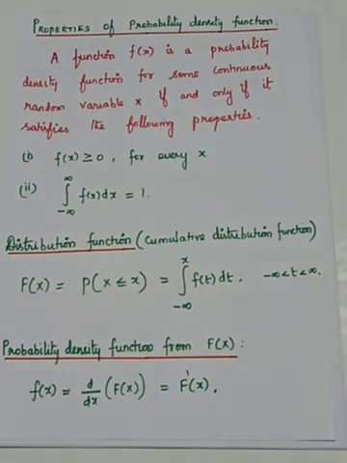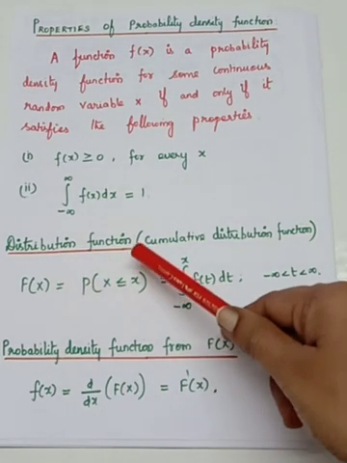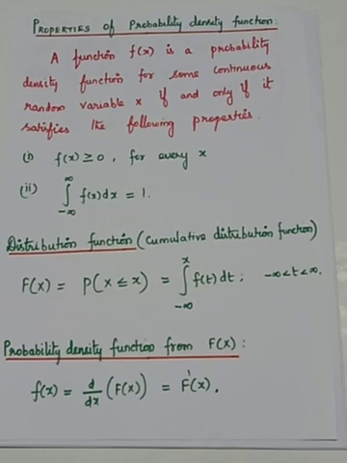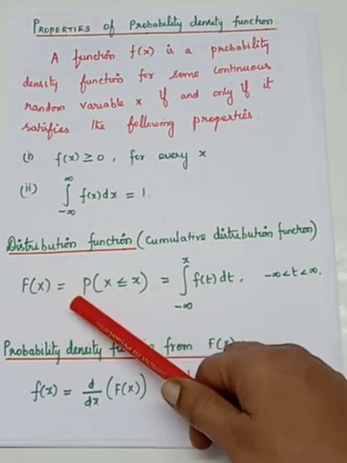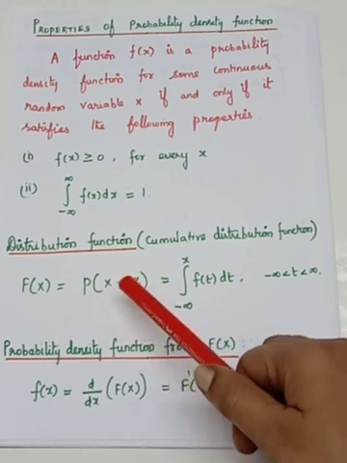Next, the continuous random variable is denoted by capital X, and its probability function is called the probability density function, that is small f of x, and we have seen its properties also. Next we move to the cumulative distribution function, also called the distribution function. It is denoted by capital F of x, which is equal to P of X less than or equal to x.